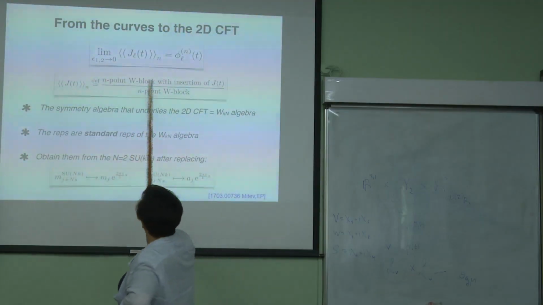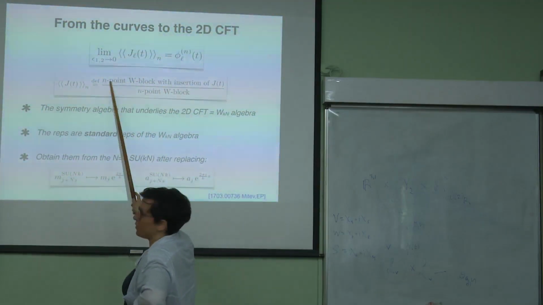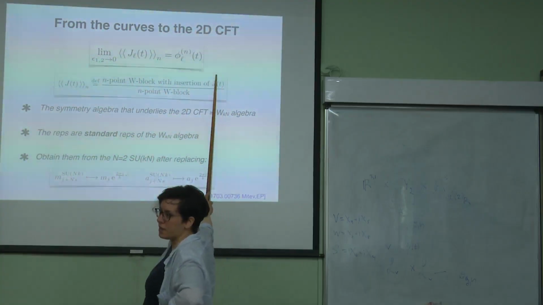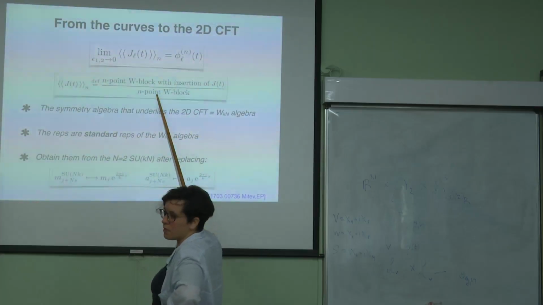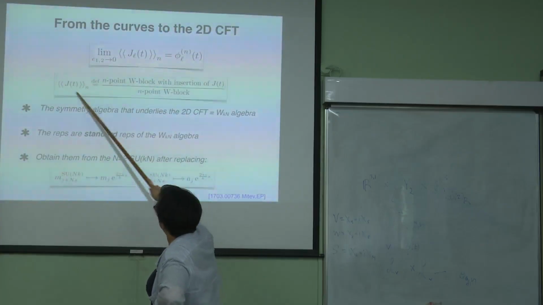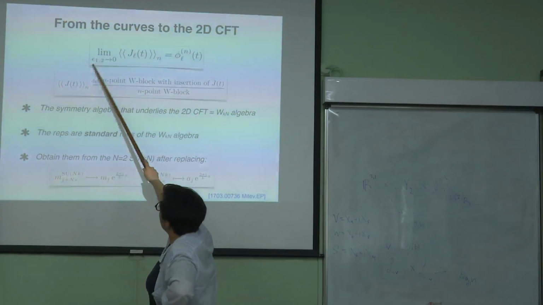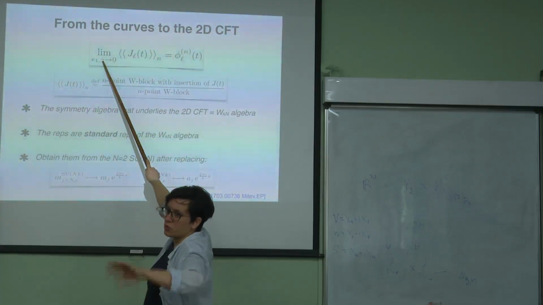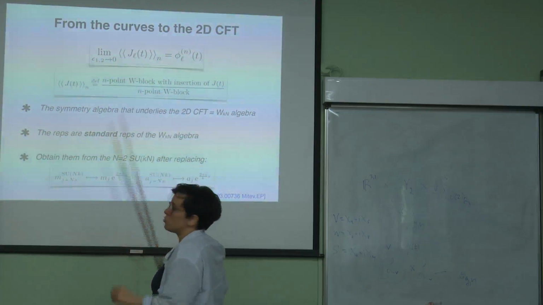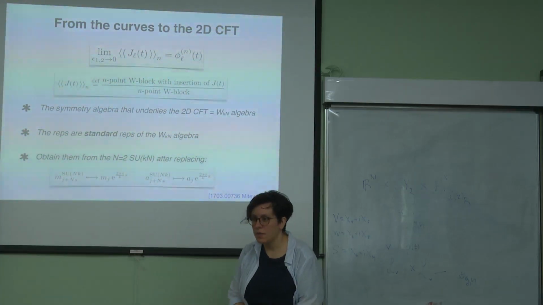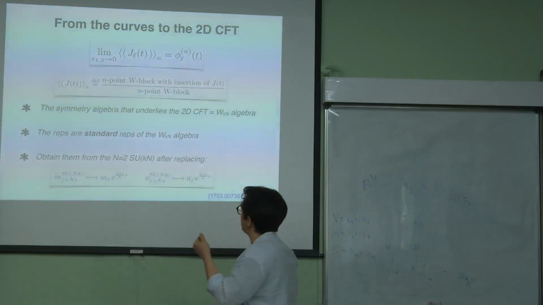We are computing some W block and point block with insertions of currents that we don't know what they are now, divided by the block without the insertion of the current. And then this object that is denoted with this double bracket, when we send epsilon1 and epsilon2 to 0, because the curve doesn't know about them, it should give the coefficients. So let's take now this as a theorem, and let's try to see what happens. So that's precisely what we did, and that's what we got.